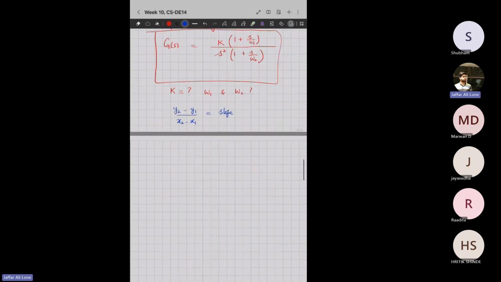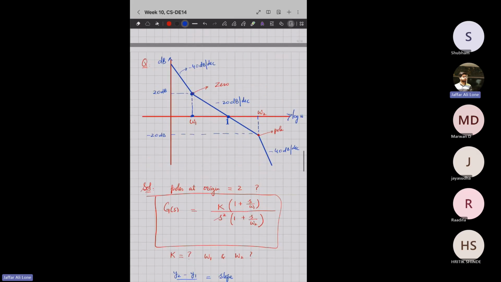So y2 is 20 minus y1 is 0, divided by x2, which is log of omega 1, minus x1, which is log of 1.